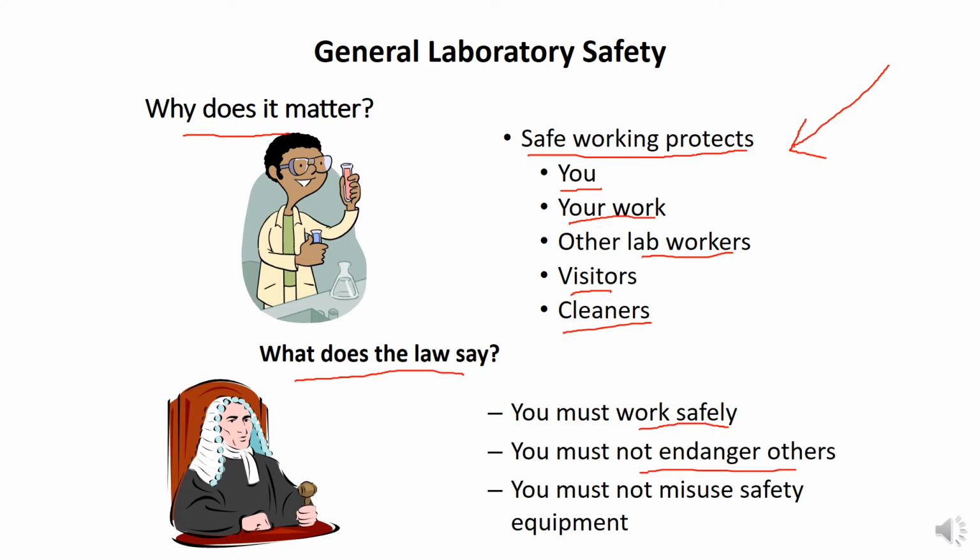We also must not misuse safety equipment. If I'm using any equipment, I should not misuse it, so that it will not hurt other people. If I'm not an expert in using it, it is better to take training, ask your doctor, the technicians and other senior fellows.